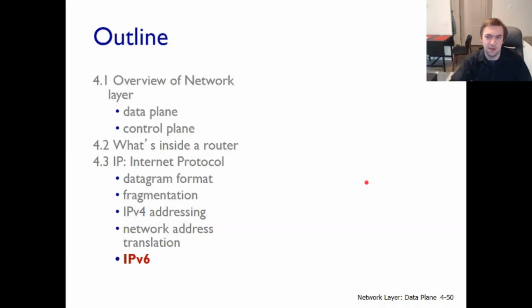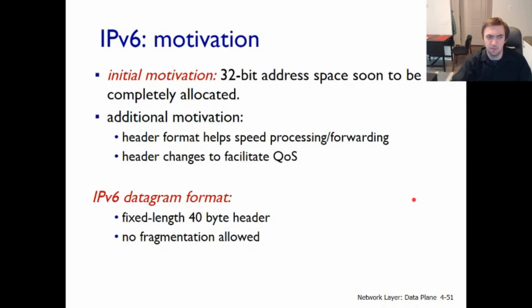So I've mentioned IPv6 a few times already. Let's talk a bit about what that is. IPv6 was originally designed because the 32-bit address space of IPv4 is soon to be completely allocated. There are so many devices out there at this point that limiting ourselves to this small address space is a problem. So IPv6 gives us more space to allocate these addresses.